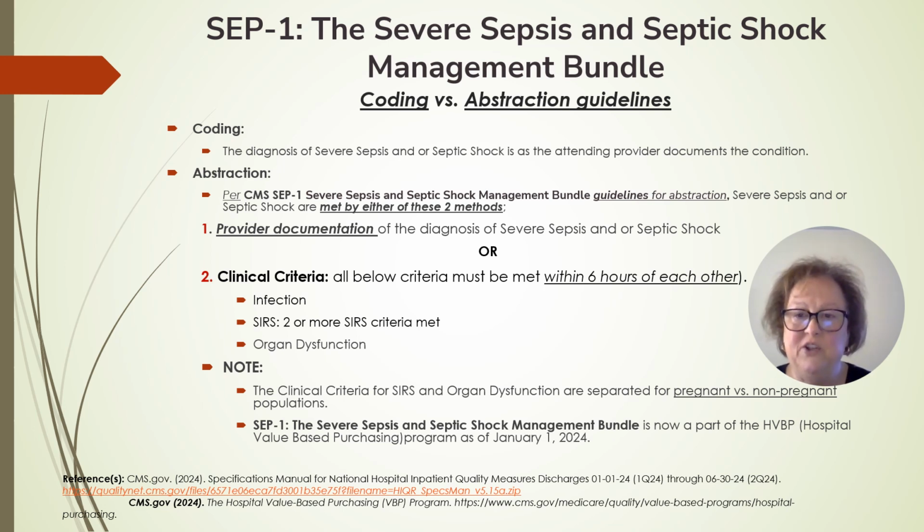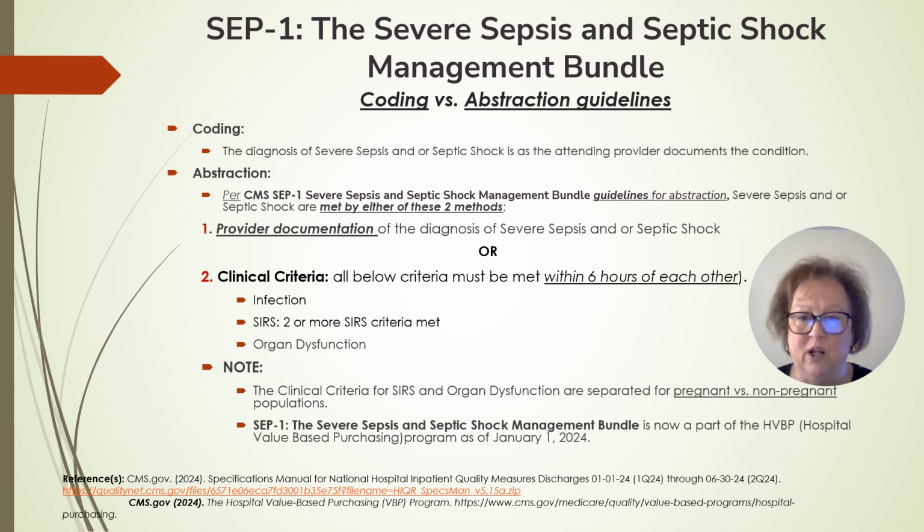Now, what I alluded to earlier, and as far as the SEP1 measure by CMS for severe sepsis and septic shock management bundle, that is a separate entity of a core measure. And a core measure is a measure that we externally report from our organization and organizations that are acute care hospitals with inpatient beds.